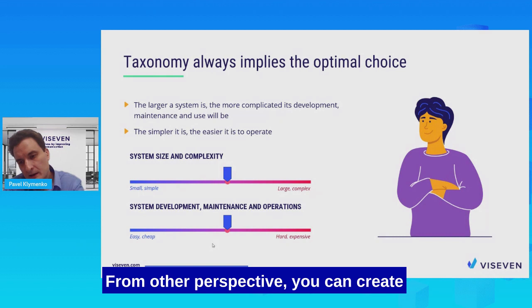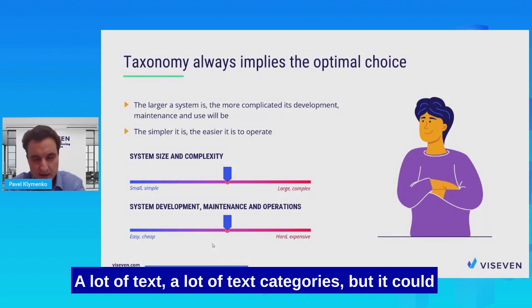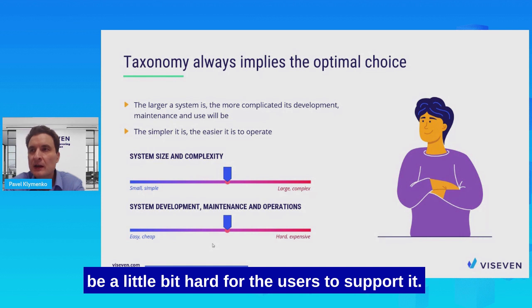From the other perspective, you can create a pretty sophisticated, complex system with a lot of tag categories, but it could be hard for the users to support it.